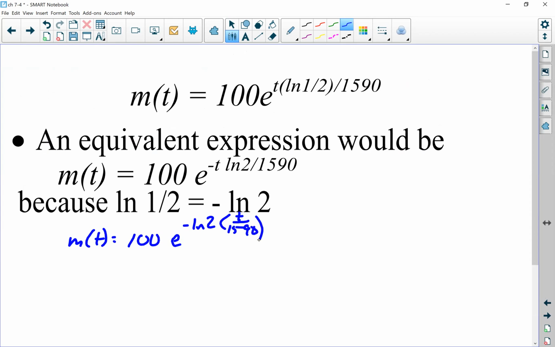E to the ln of 2, e and ln are inverse functions, so they cancel each other out.